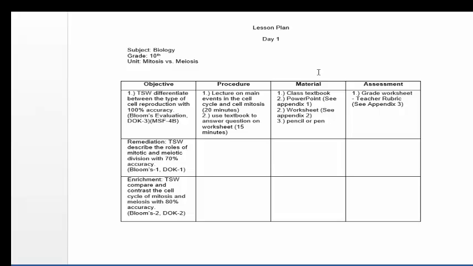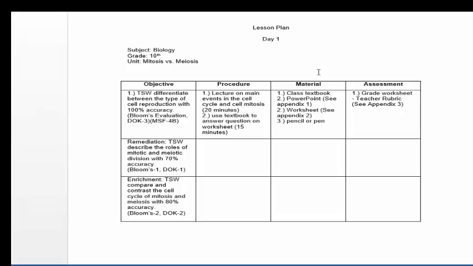Bloom's knowledge, you need to look at the Bloom's levels, and DOK1. So this is an example of the student not understanding Bloom's. You'll also see there's no procedures, materials, or an assessment for this remediation. So in summary, this remediation would not meet any marks.